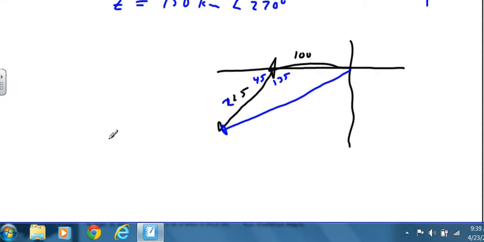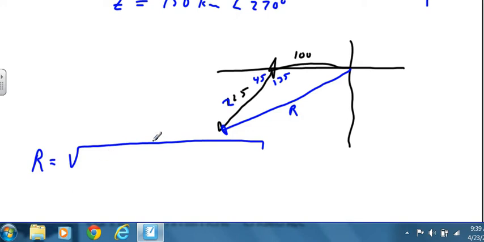All right, so that being the case, I want to find this R, and I find that, do I really want to do that? Yeah, that's what I really want to do. So R is going to be the square root of, this is 125, the distance of that guy is 125.